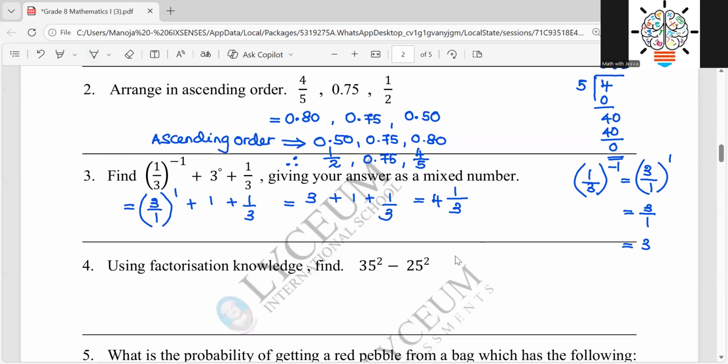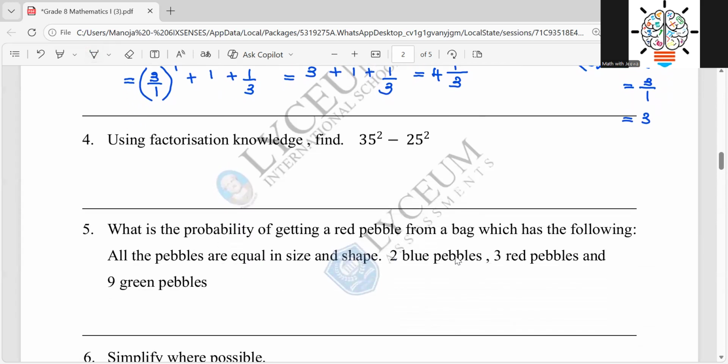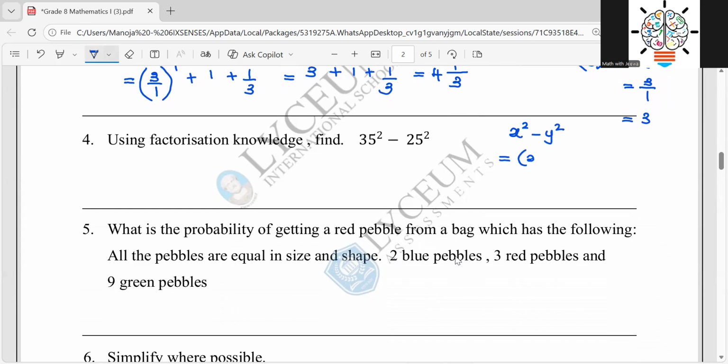So then we are moving to the next one using factorization knowledge. Children, I want to recall that if you have x squared minus y squared, what does this mean? You can write x plus y and x minus y. The same thing you can apply here.